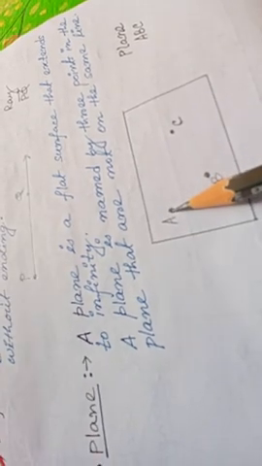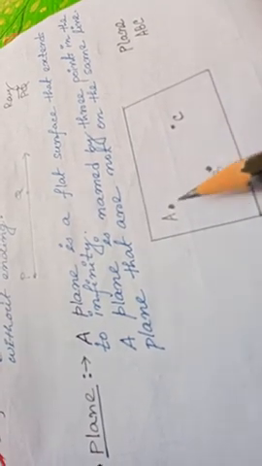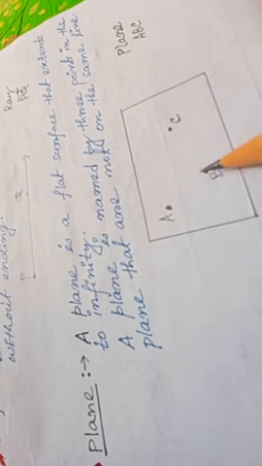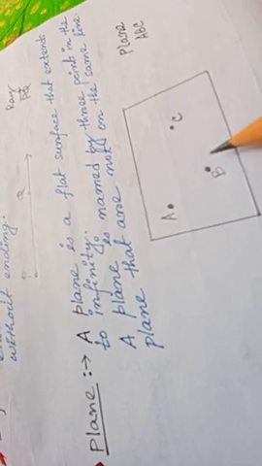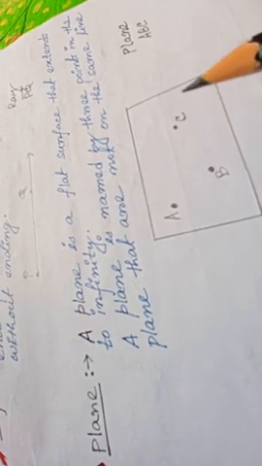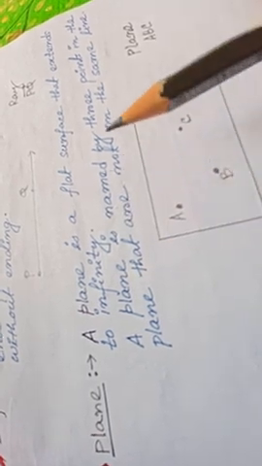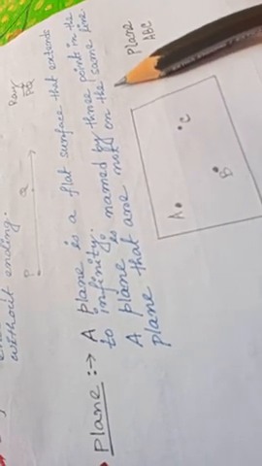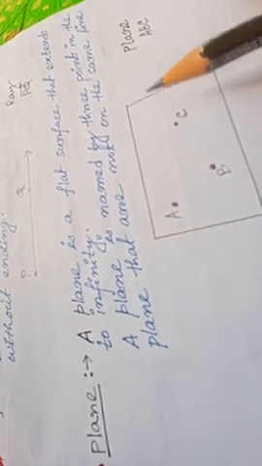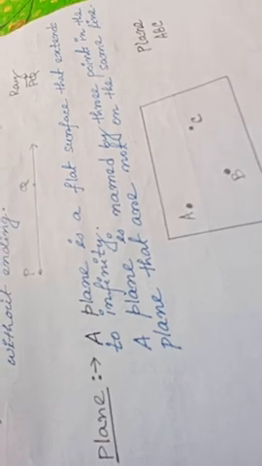If you connect 2 points in a line, that is possible, but the third point will not come on the same line, because they are in 3 different positions. That is mandatory, that they are not on the same line. Then we can say this is a plane. And how do we express a plane? Plane ABC, like that you have to write.